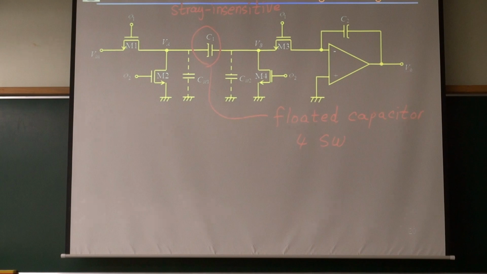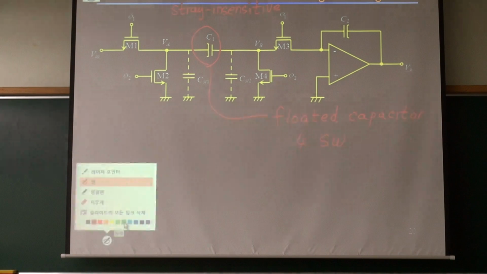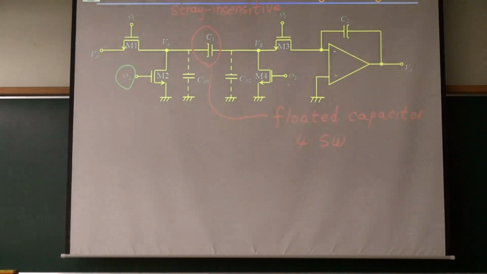During pi1, let's see. Let's look at the pi2 first. So during pi2 phase, yeah, M2 and M4 are on. Those switches are off, right?